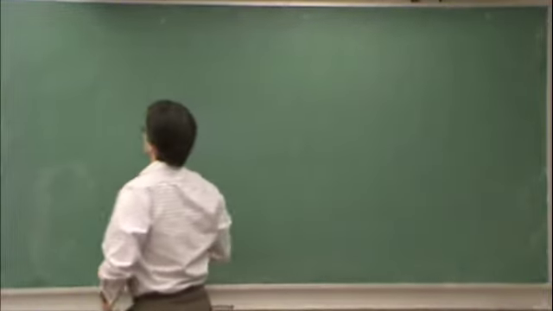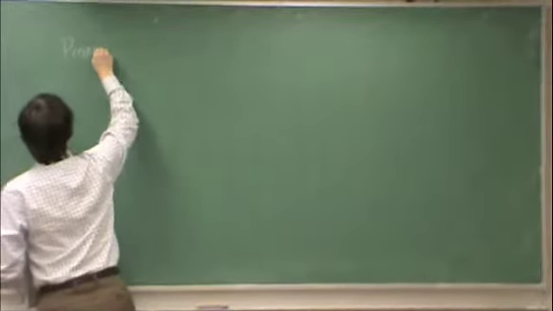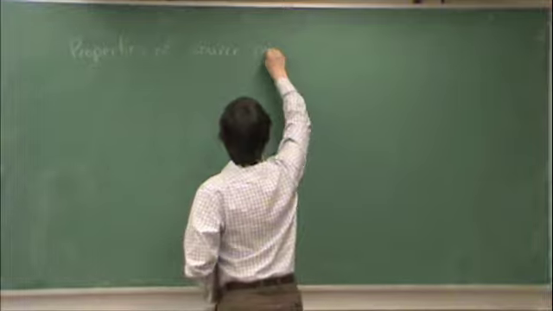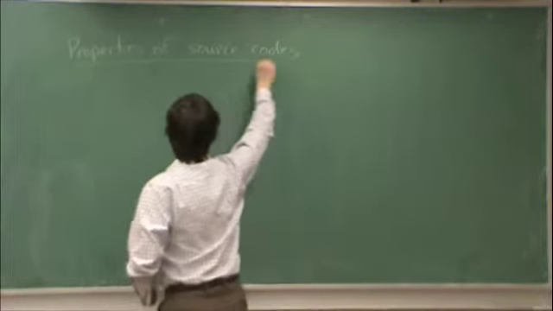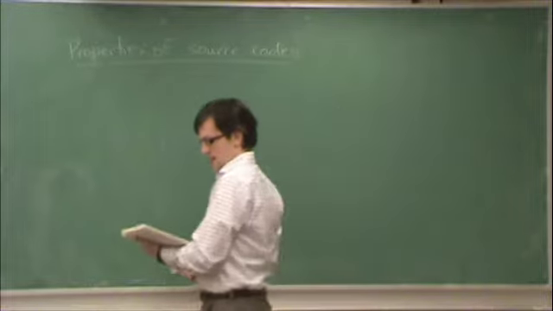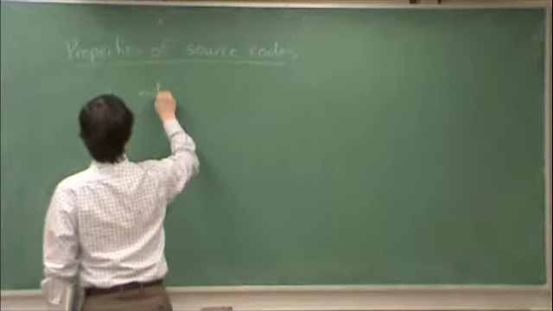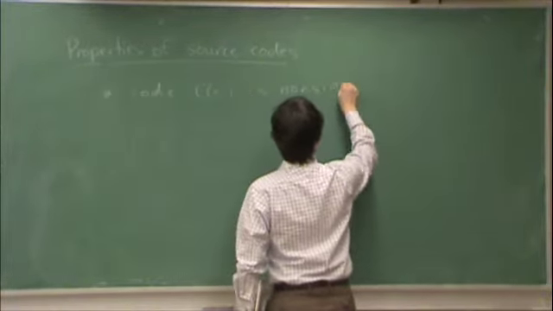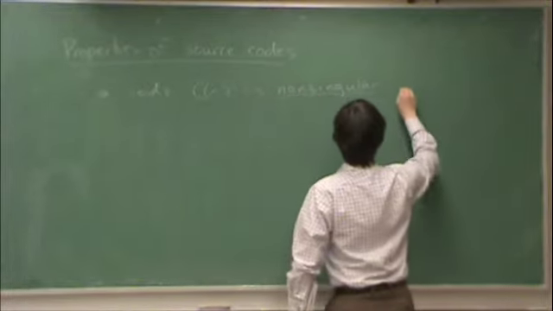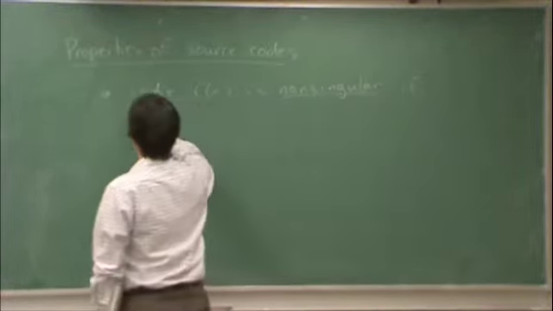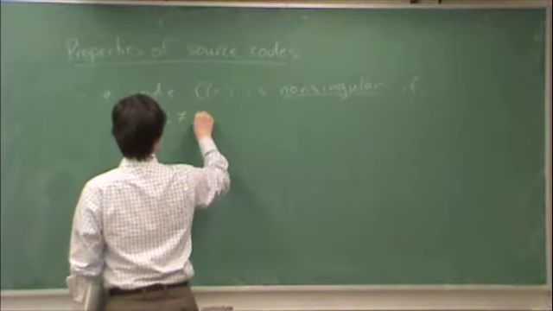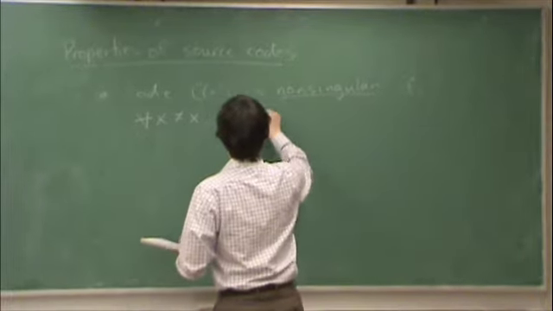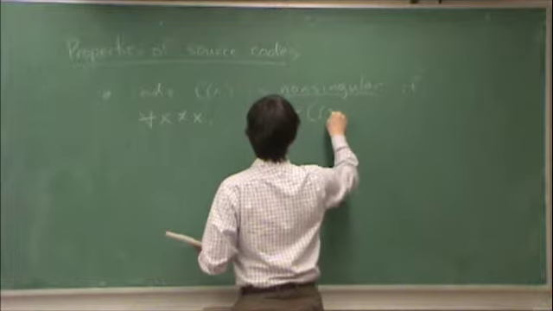Okay, properties of source codes. A code C of x is non-singular if for all x not equal to x prime, C of x is not equal to C of x prime.